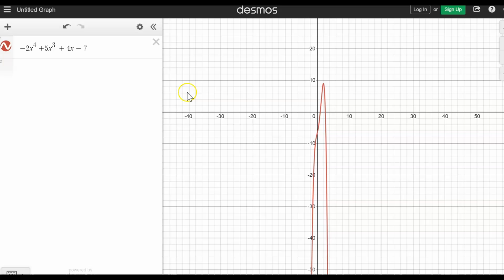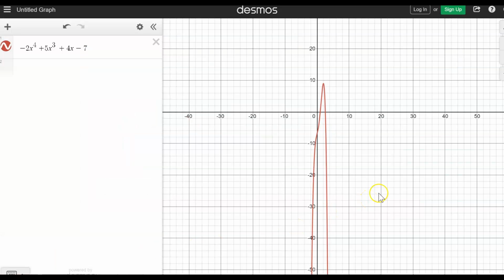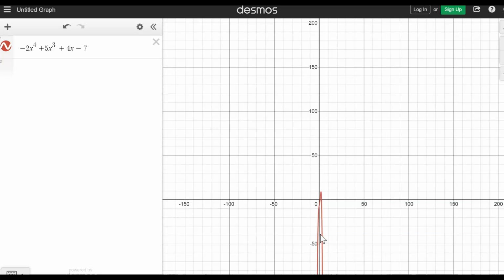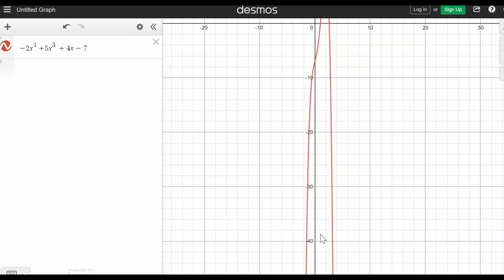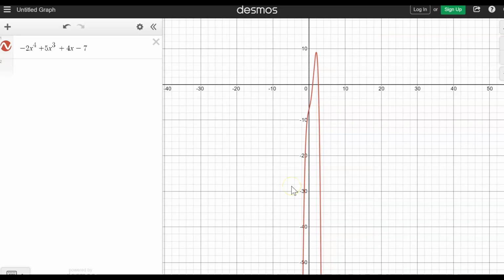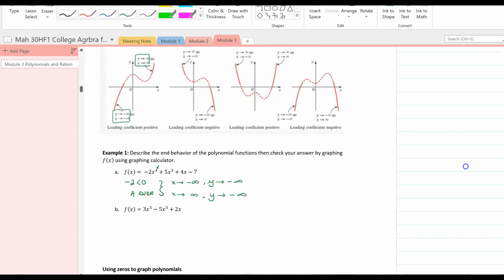And as you can see in this graph, as x grows larger, the graph keeps going in the negative direction. Okay. So y is getting larger but in the negative direction on both ends. Let's take a look at the next one.